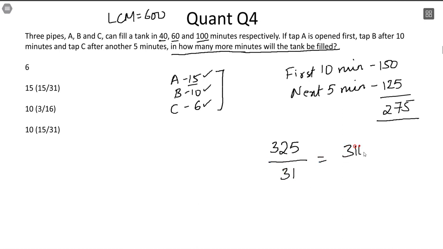So 310 plus 15 by 31. This is not something I write in exam, but I'm just showing how my brain thinks here. This gives me 10 and then I get 15 by 31. Therefore, among the four, option D will be the final answer. Okay.